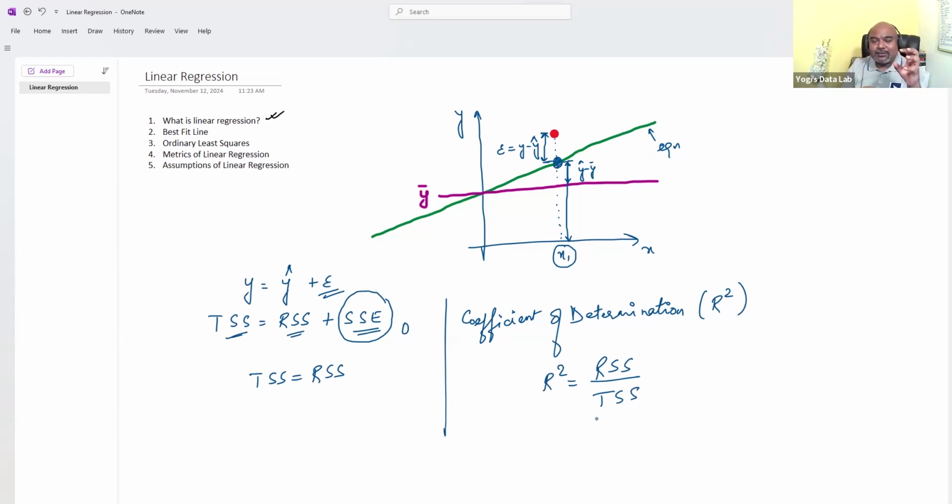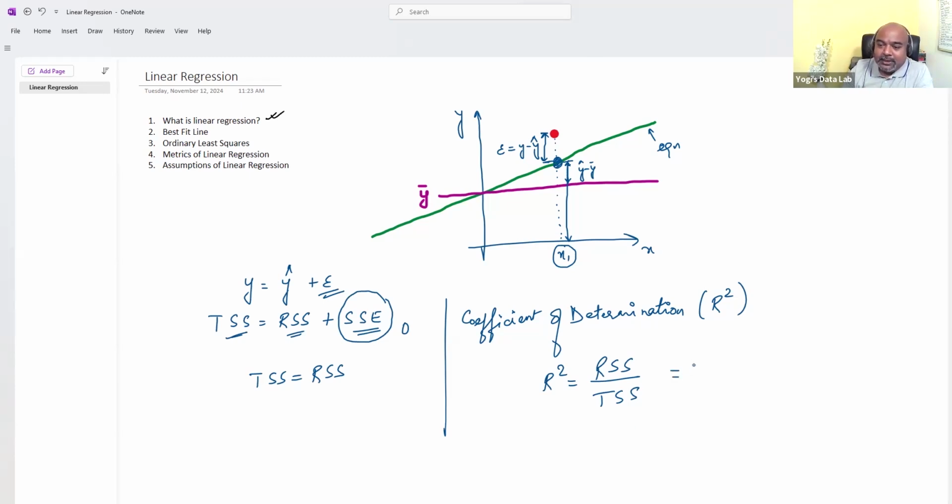So regression sum of squares is the part where I have been able to predict the variation in the data, and TSS is the actual data which I had to predict. So the part which I was able to predict divided by the total data becomes the R square, which is the coefficient of determination.